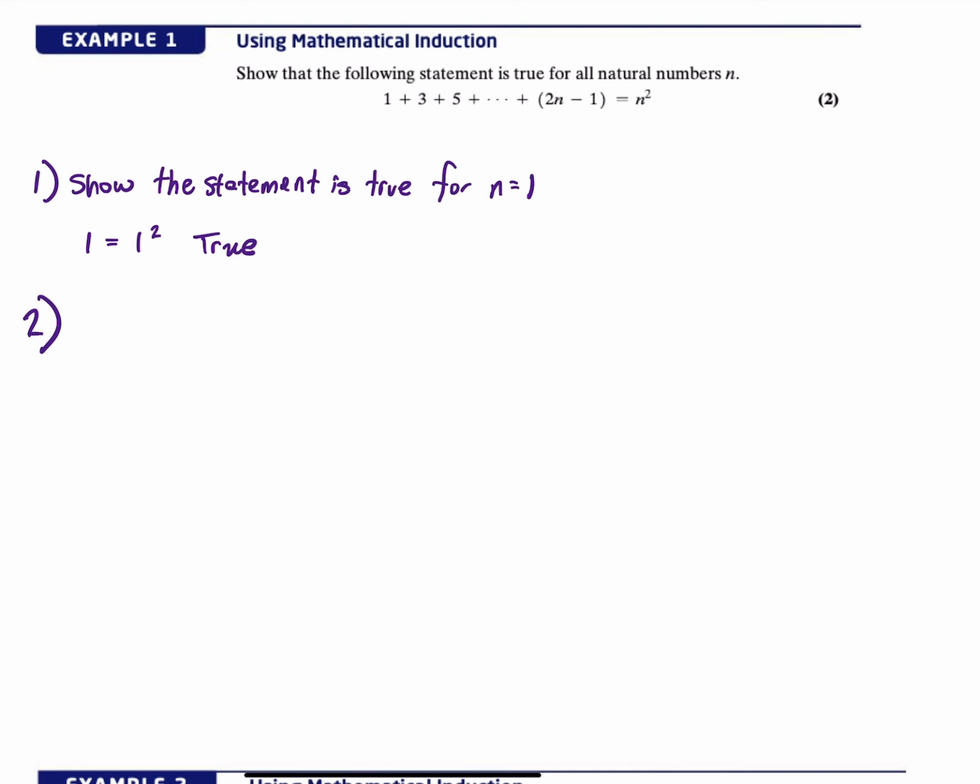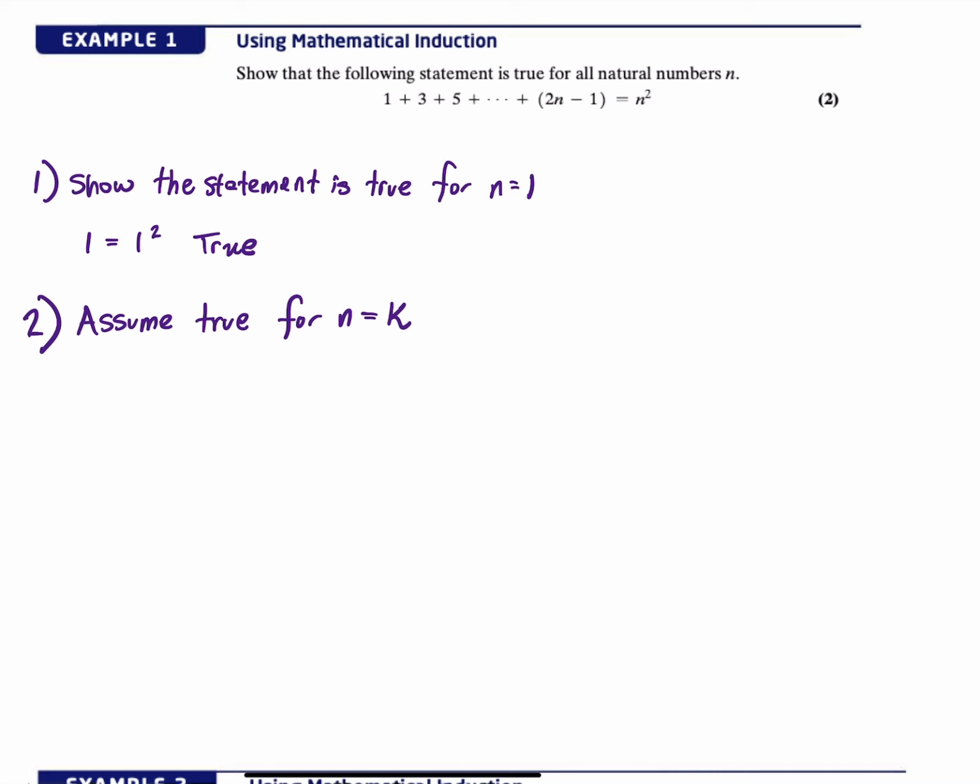So the second step is to assume that this is true for n equals k. So we're saying that k would be some term, maybe somewhere in the middle. There's some general term.